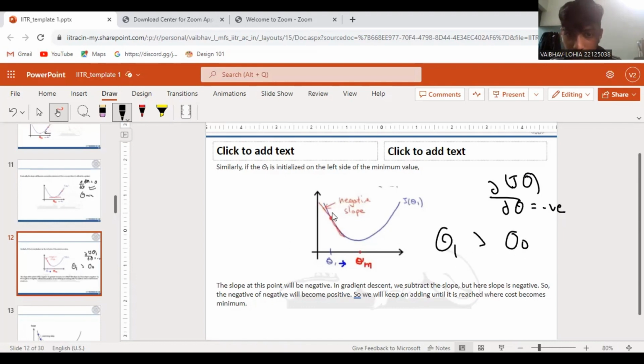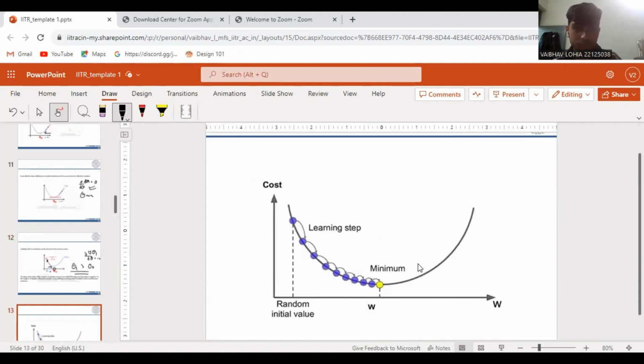If we start from here, where here is theta naught, we would be approaching the minimum. As you can see, theta 1 will be getting closer to the minimum. So here I can summarize the gradient descent algorithm with respect to the cost function and the features.